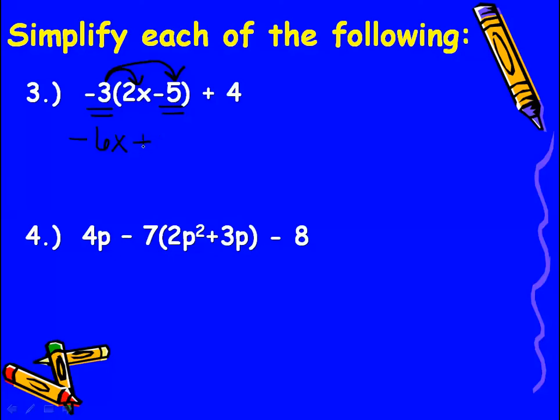Since it's positive, I put plus 15. And now I've done nothing with the plus 4, so I'm simply going to carry that down and write negative 6x plus 15 plus 4. Looking at the problem I now have, I notice that 15 and 4 are both constants, which means I can combine those together. So positive 15 plus 4 is positive 19. Bring down the negative 6x and bring down plus 19. This is my final answer.